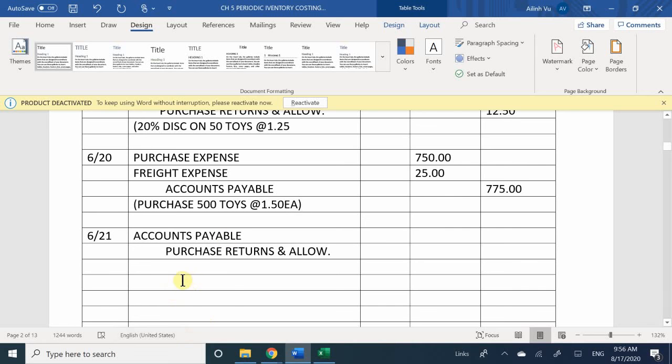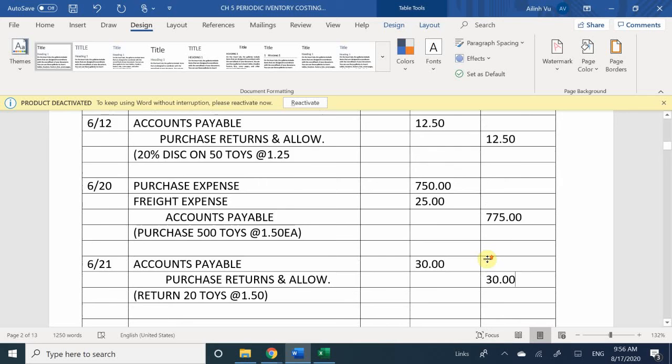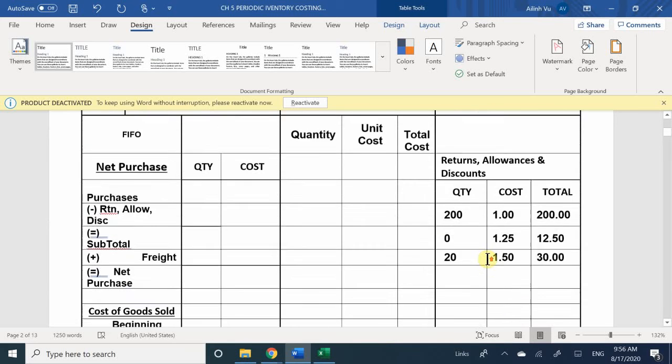Okay, so this one now we're returning. So I'm going to write return 20 toys at $1.50. Okay, and we calculated this to be $30 even. Okay. All right.